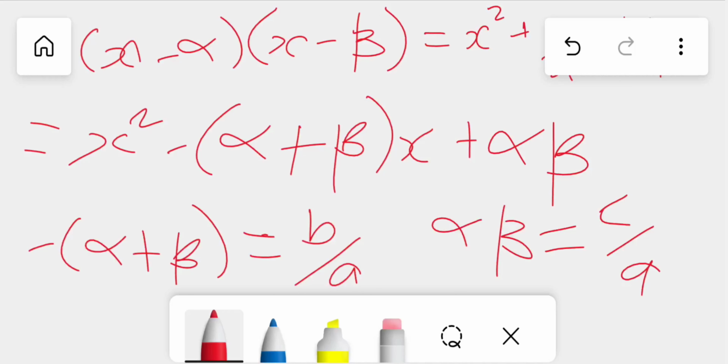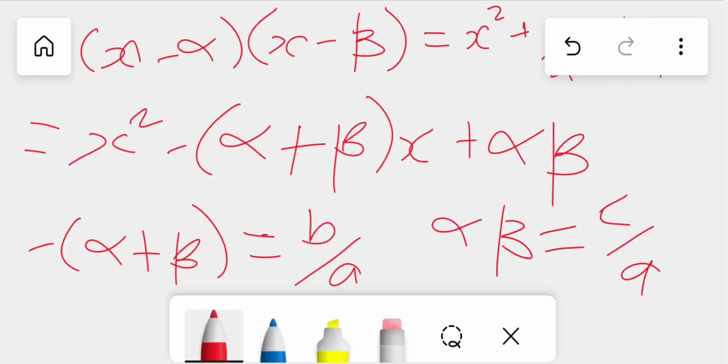According to their corresponding sides, on the left hand side we have negative of (alpha + beta) being equal to b over a, and alpha times beta being equal to c over a. So these are the relationships that we are going to use as our properties.